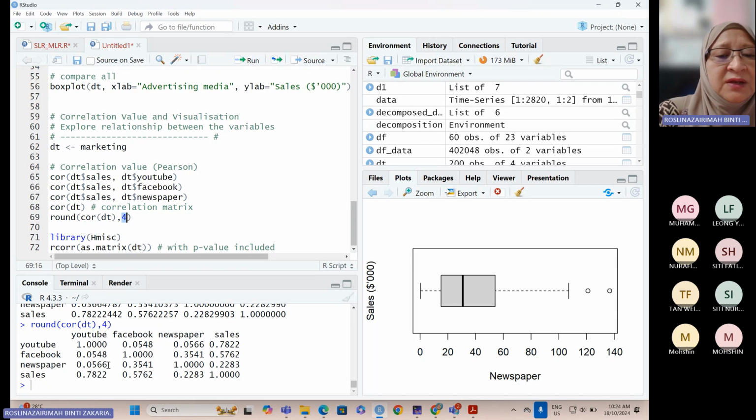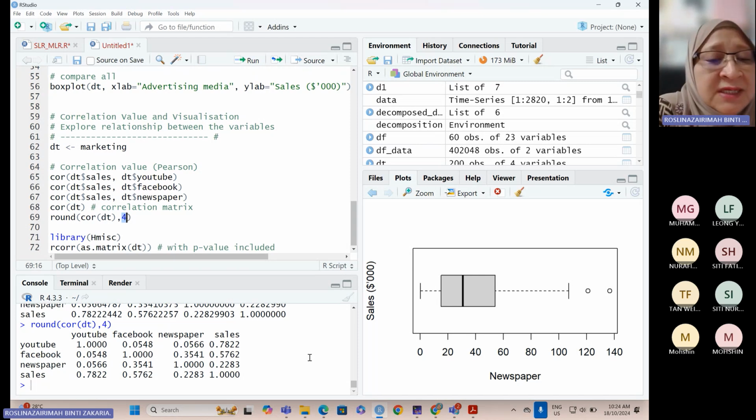Looking at these values, which correlation is the highest? Between what and what? Tell me the variables involved.